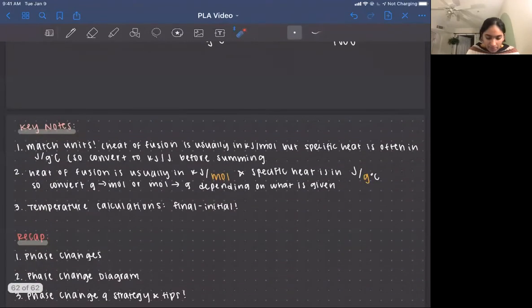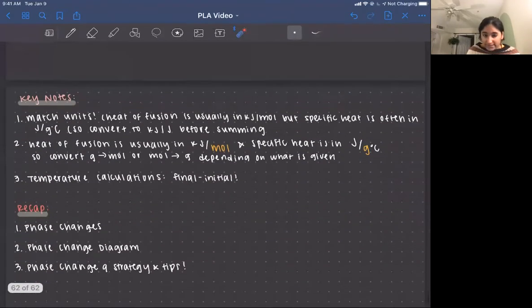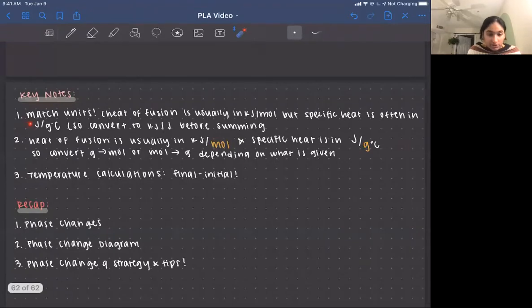Okay. Now, there are a couple key notes about that type of question. The first is that you must match units, so make sure that either your specific heat and heat of fusion are both in the same units or convert after using them. So make sure they're either both joules or both kilojoules. And then the second point is that the heat of fusion is usually in kilojoules per mole.